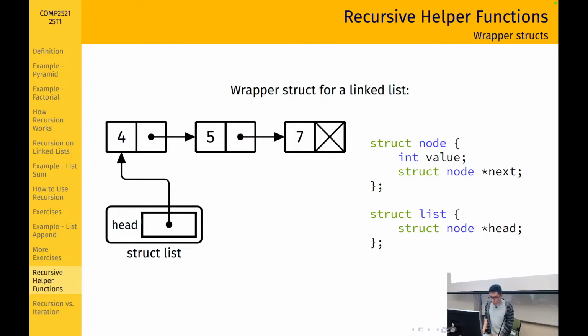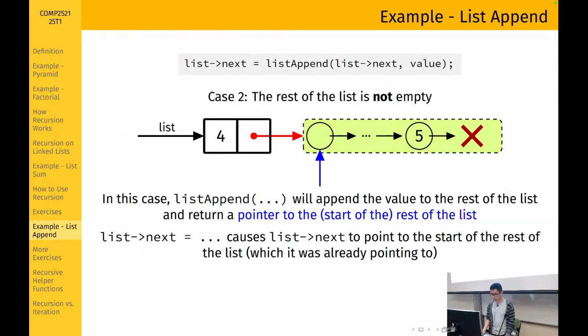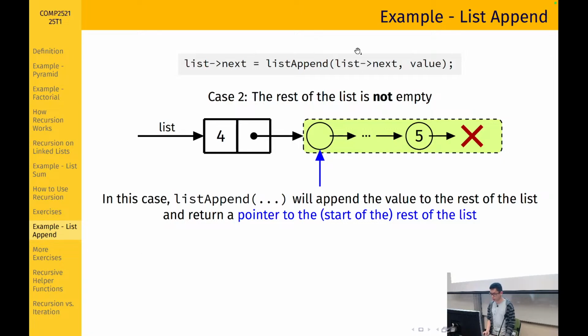So we can't just use a regular struct to make it recursive. If we don't have a wrapper struct in our linked list, then we can use recursion, right? So we can recurse like we did here with list next, right?